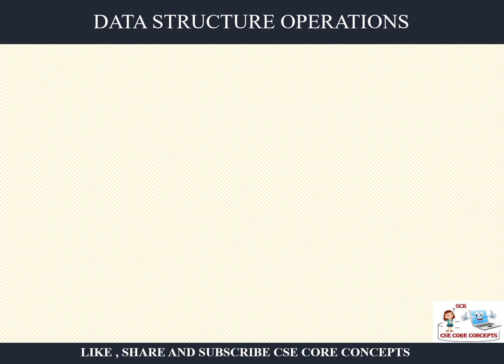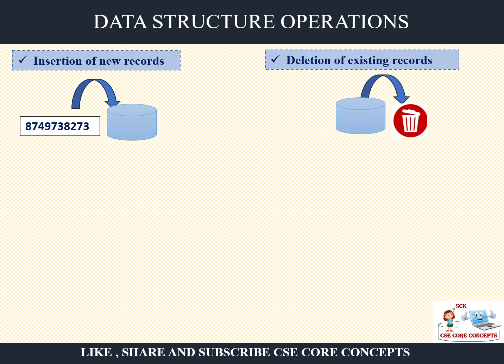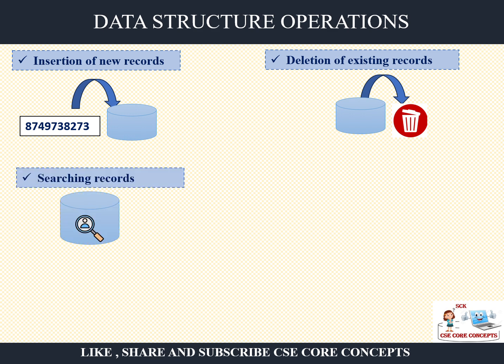Now, what types of operations can you perform on data structures? You have a data structure of any type. You can always insert new records. As and when the customer comes, I can add the records in the array. As and when my new network forms with flight connectivity, I can always add it. I can delete some existing records, the customers which are no longer required, or the files which are no longer required, no matter whether it is sequential or hierarchical.